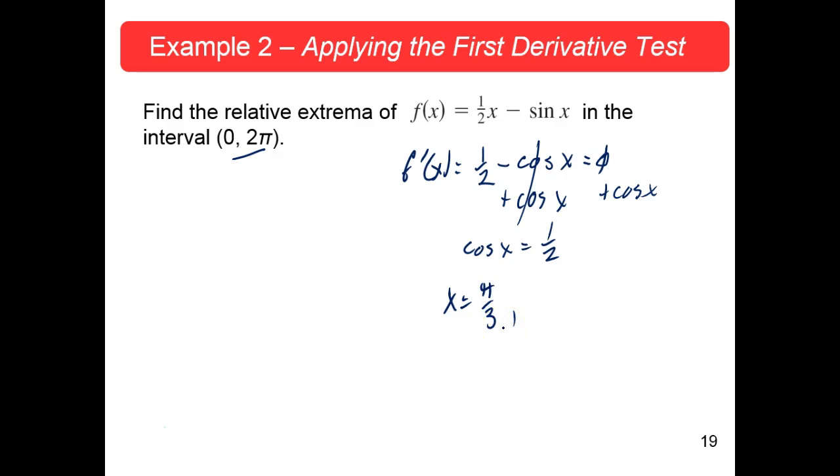Any others? 11 pi over 6? Or would it be 7 pi thirds? 7 pi over 6? 5 pi over 3?